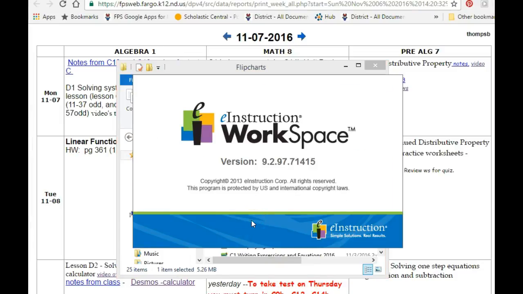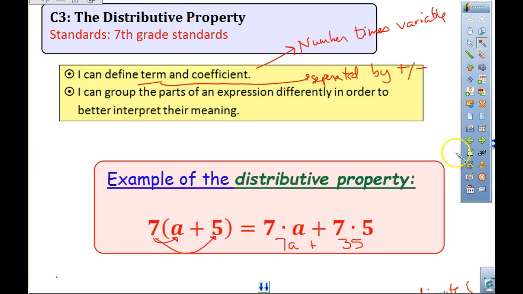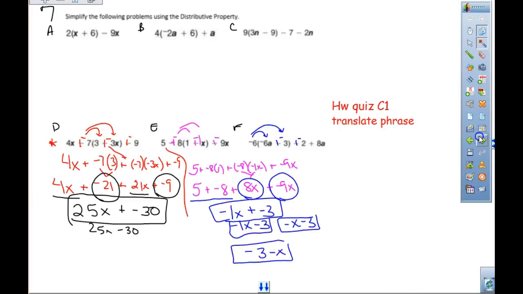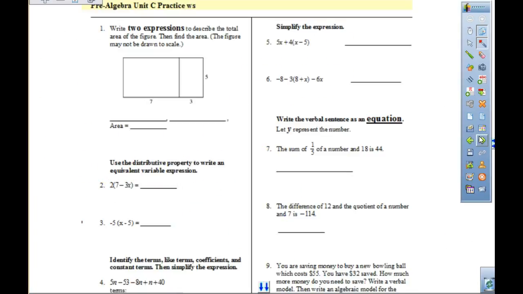That's fine if you want to, but the key thing that I need you to have done is this worksheet right here. This is what I want to look at questions on, because when you come in tomorrow, I'll answer a few more questions. The quiz looks a lot like this.